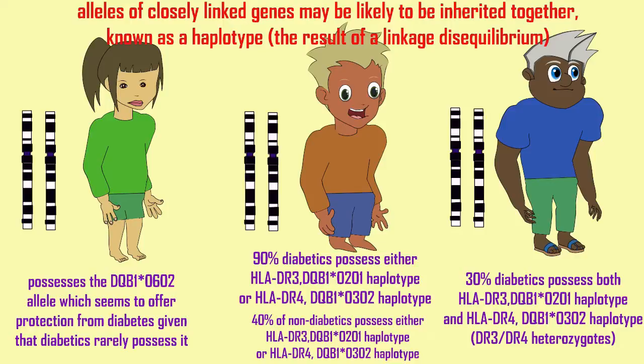These alleles can also occur in non-diabetics, but at a lesser frequency. And 30% of diabetics possess both these alleles, the DR3, DR4 heterozygotes. These genes are those which offer the greatest genetic link to type 1 diabetes.